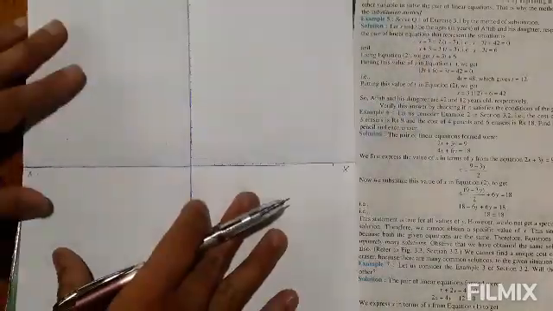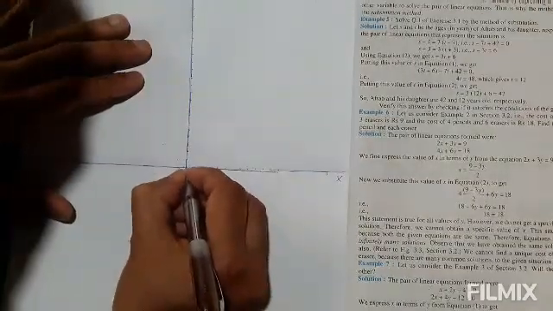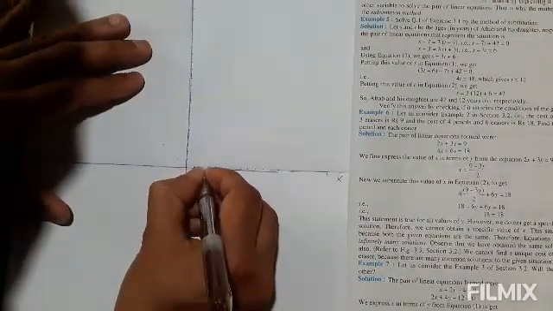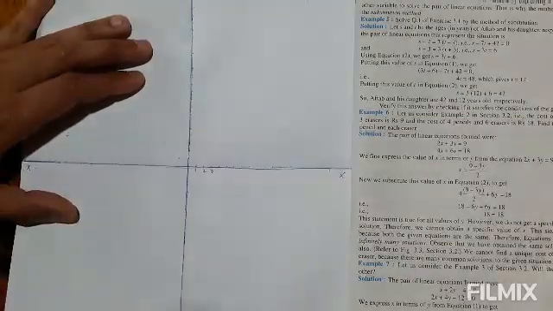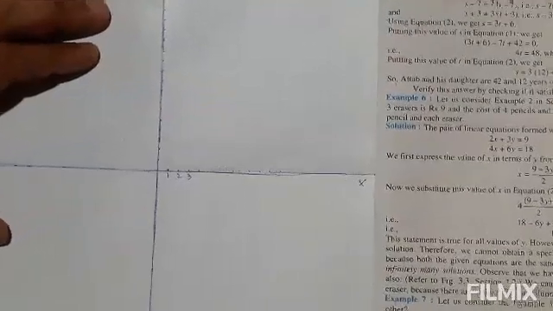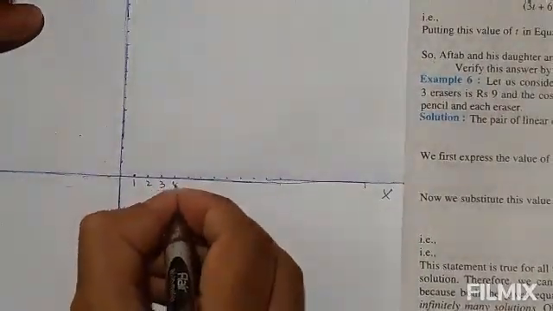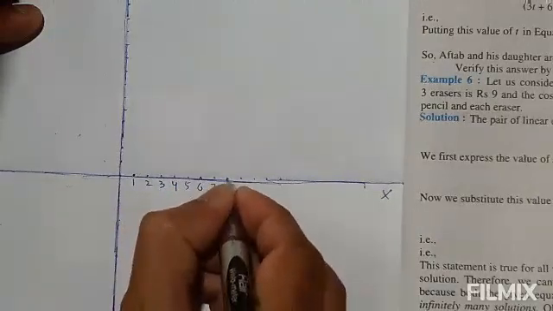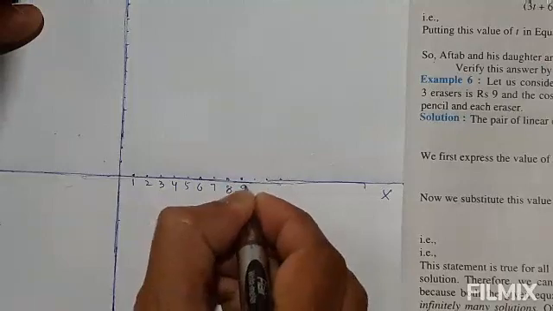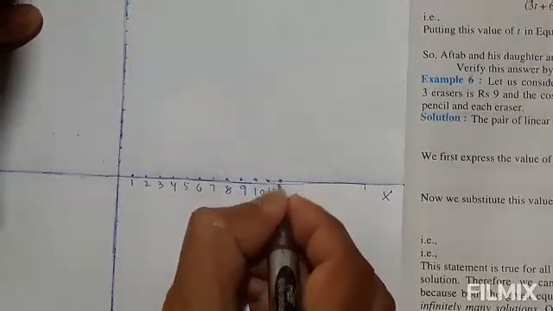So what shall we do? Let's assume it's 1 centimeter. 1, 2, 3. Let me zoom a little bit. This is 1, 2, 3, 4, 5, 6, 7, 8, 9, 10, 11, 12.